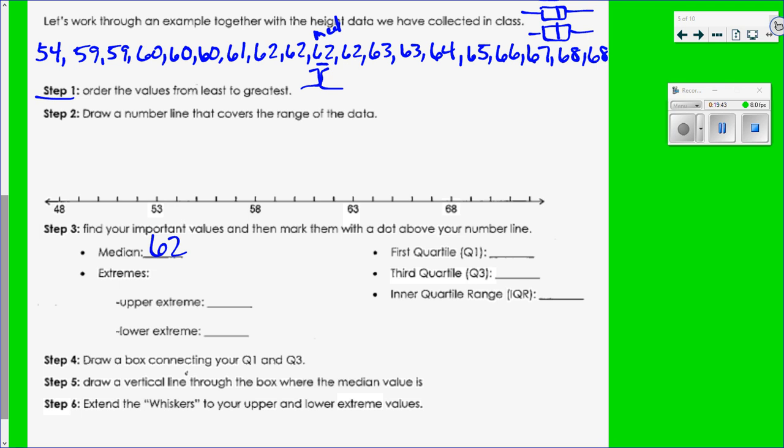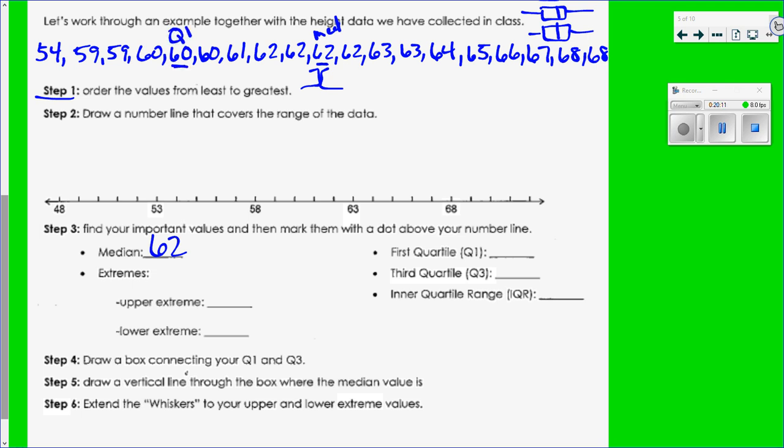So if I have 9, where's my middle going to be? If I have 9 numbers, how is 10 going to be the middle? The 5th one. Half of 9 is 4.5. I need the middle. It's going to be one number because it's odd. That makes it the fifth one. So my fifth data, 2, 4, 5, is 60.